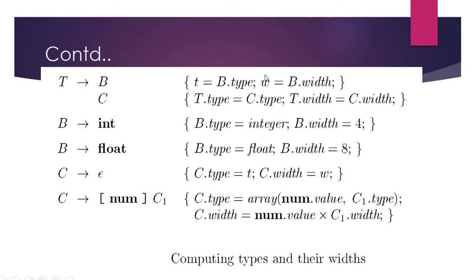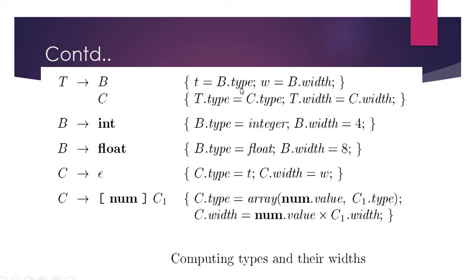Now let us see the semantic actions attached to this, to keep track of the attributes of the variables, that is, the type and the width. For example, if in the data type declaration you have given int a or int a of 5, let us see what happens.